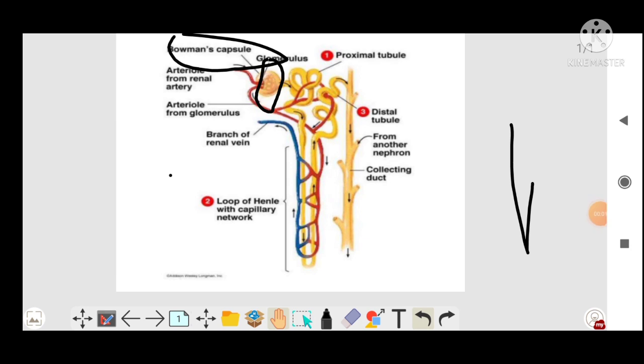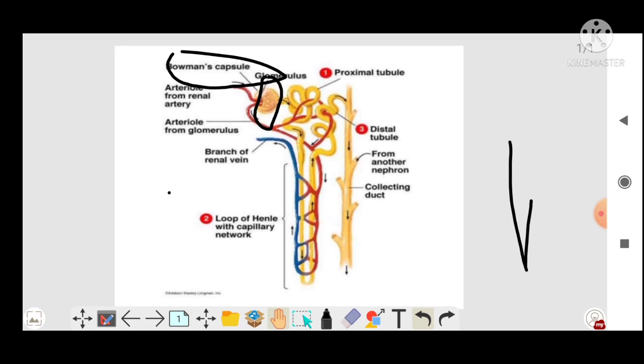This Bowman's capsule leads to a tubule. This portion is called the proximal convoluted tubule, and this whole portion is called the loop of Henle.